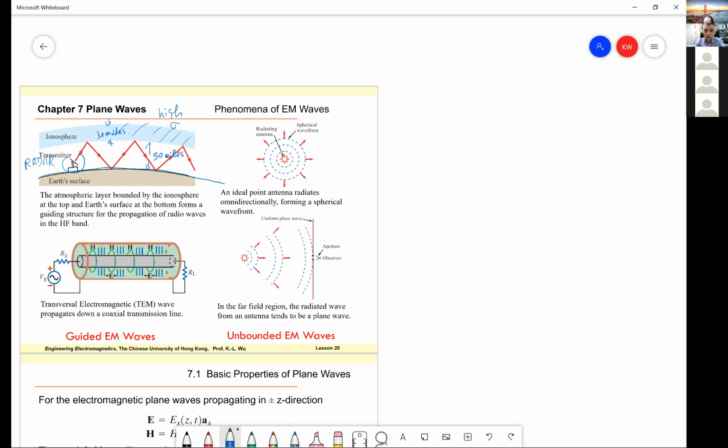Then the electromagnetic wave can hit the layer and get reflection. Okay, the Earth also tends to be a good conductor, particularly if this is sea water. Okay, the salt water is also very highly conductive, right? Then you have reflection again.